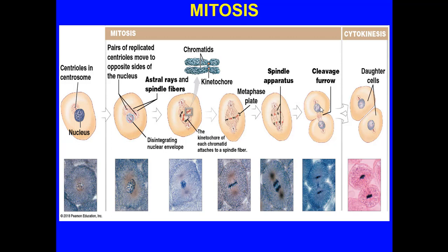You don't need the spindle fibers anymore. But around this time you also start forming the cleavage furrow, which is basically a pinching off in the center. That's part of cytokinesis, so you separate out the cytoplasm. Basically, you make two cells. They're called daughter cells now. And you can see these here.